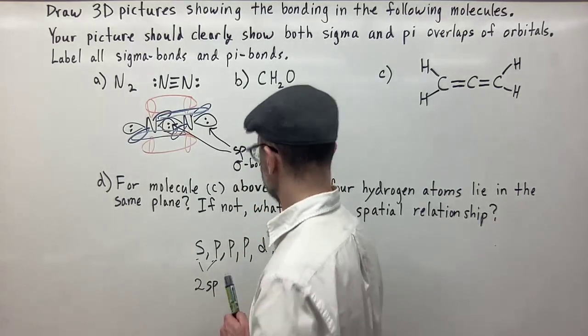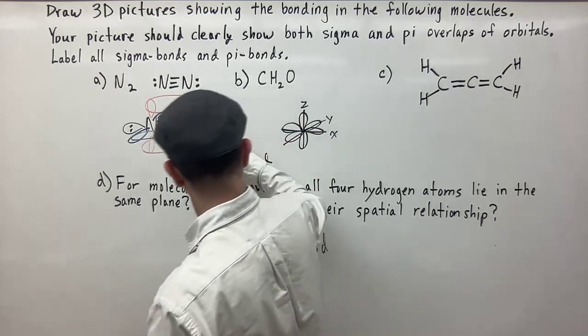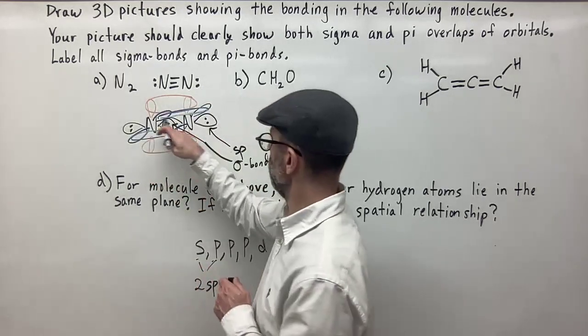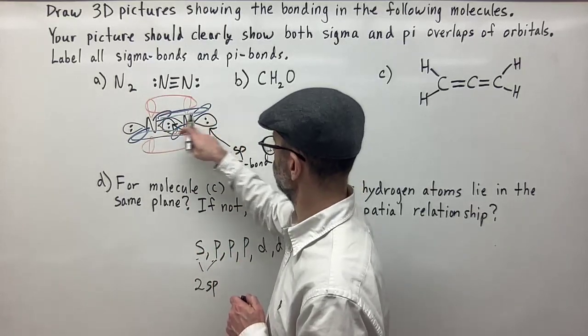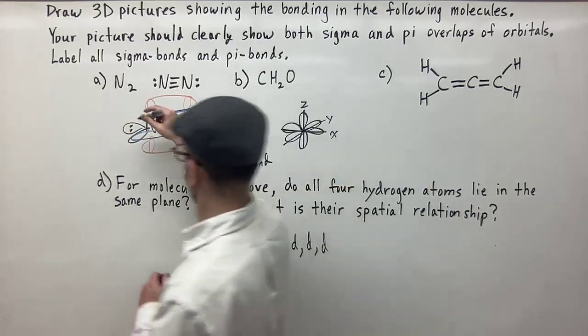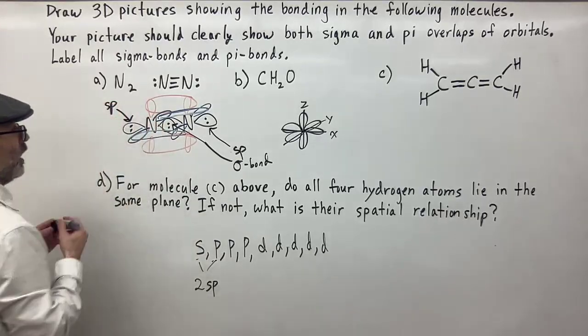And so here, let me draw this. Your sigma bond is here. You've got an sp hybridized orbital here, and an sp hybridized orbital here.